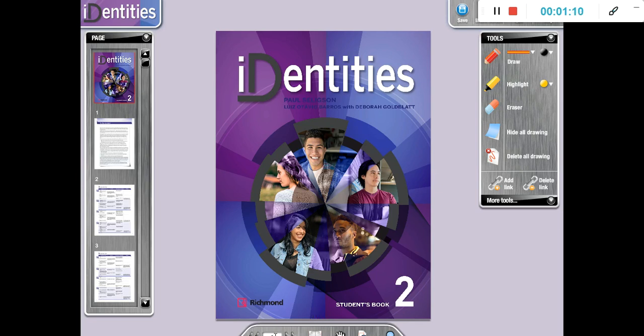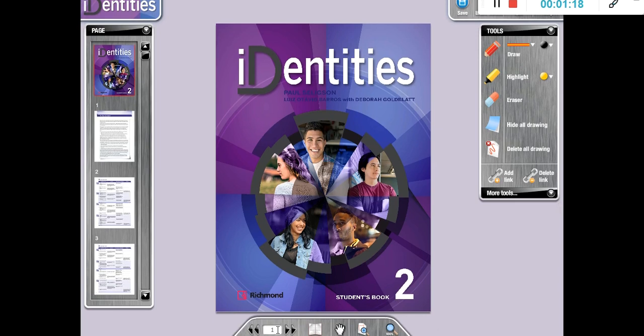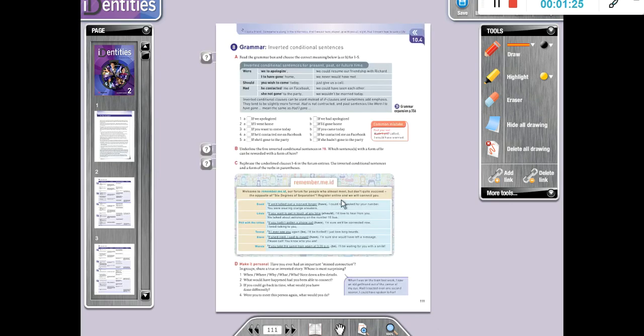Let me put the page. Let me move this a little bit. 111. Well, inverted conditional sentences. First of all, we're going to remember that the conditionals normally have two clauses: the if clause and the result clause.